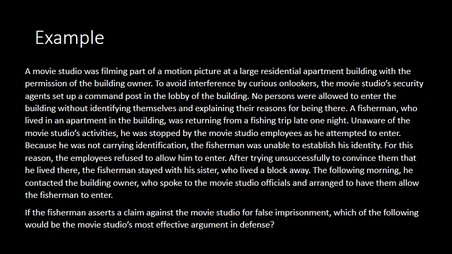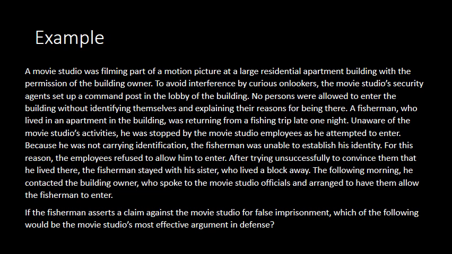No persons were allowed to enter the building without identifying themselves and explaining their reasons for being there. A fisherman who lived in an apartment in the building was returning from a fishing trip late one night. Unaware of the movie studio's activities, he was stopped by the movie studio employees as he attempted to enter.